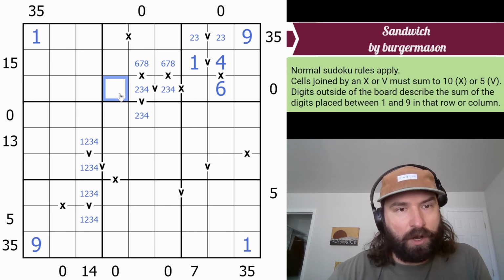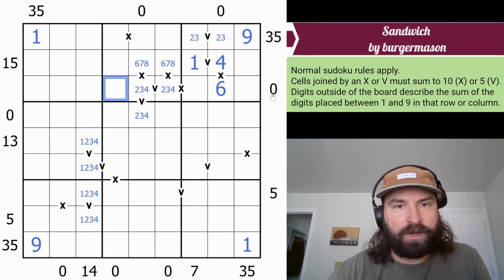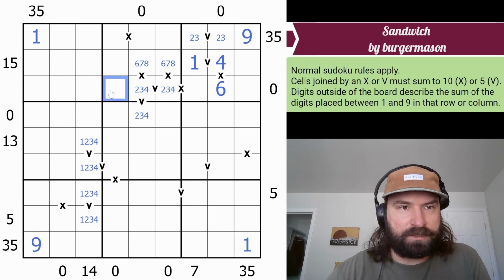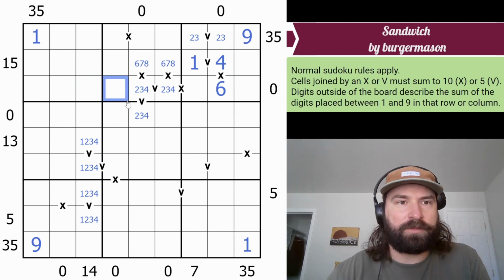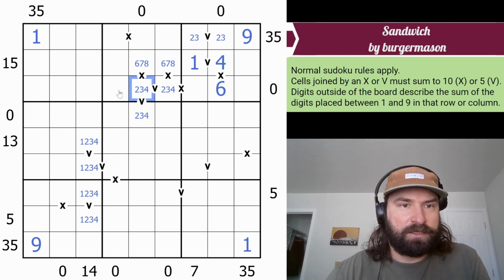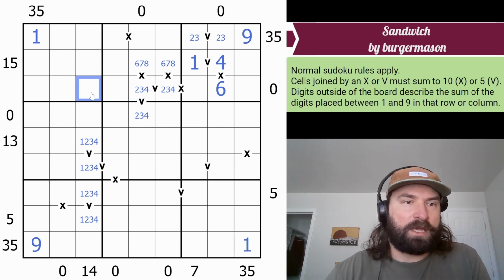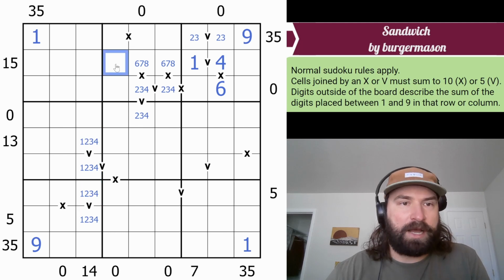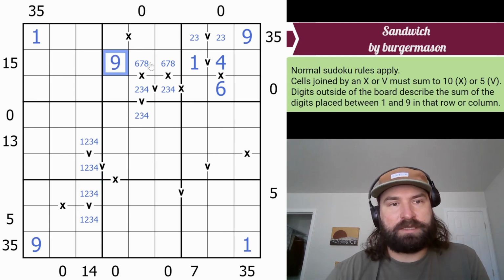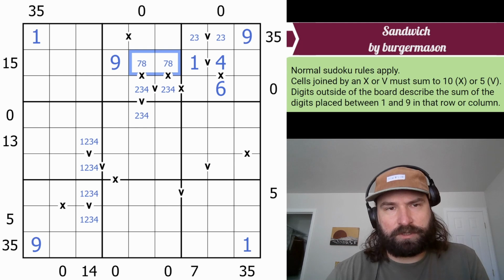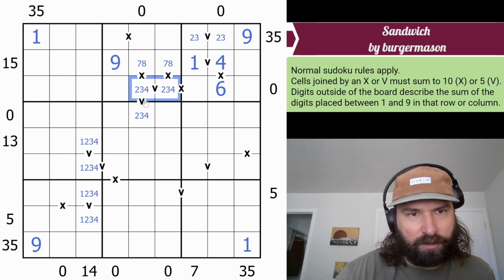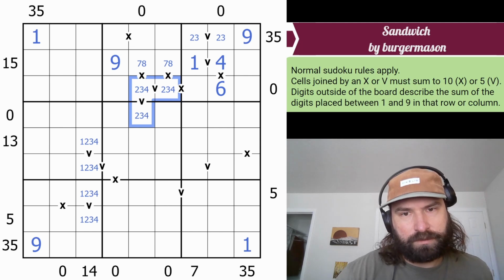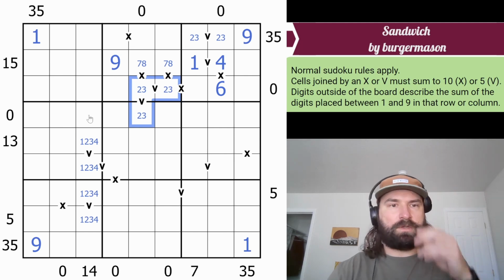And the answer is no, because if I put a 9 here, the number next to it has to be 1, because the total between 9 and 1 in the row has to be 0, so I have to put 9 and 1 next to each other. 1 can't go in this box because it's only 2, 3, or 4, and 1 can't go in this box because of Sudoku, because we have this quadruple here. So then 9 definitely goes here, which makes this a 7, 8 pair, which I thought was going to be true, but I wasn't able to prove it until just now. So now these are definitely all from, they're not 4. They're all either 2 or 3.